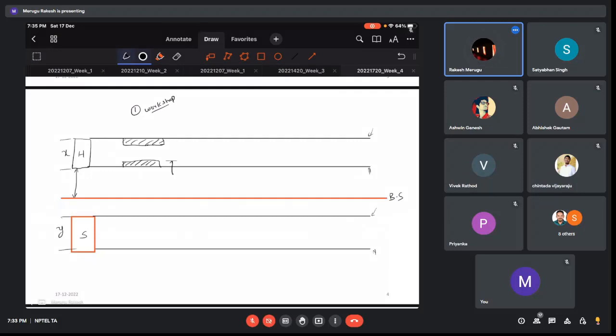This is for the go gauge, and this is for the no-go gauge. Suppose this is x, this gauge tolerance will always be x by 10. And if you want to provide any wear, it will be provided only on the go gauges, because this actually enters the product.